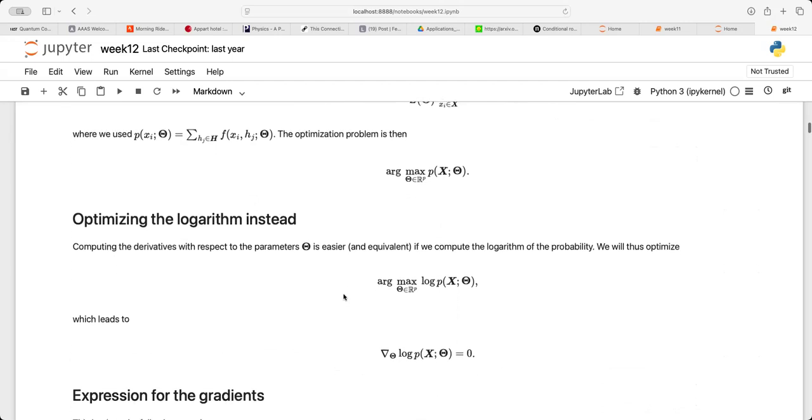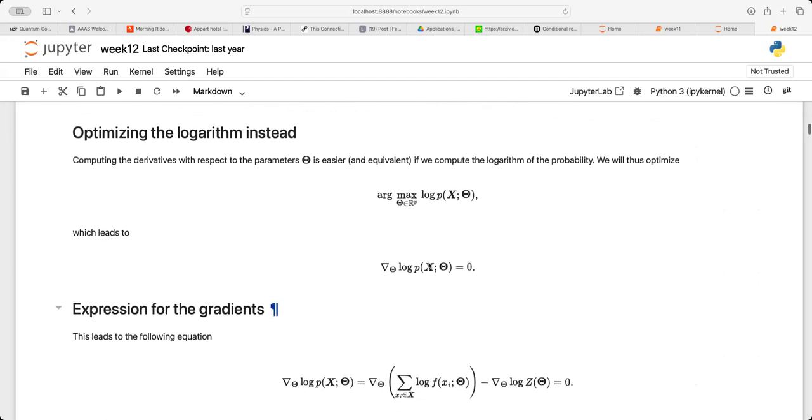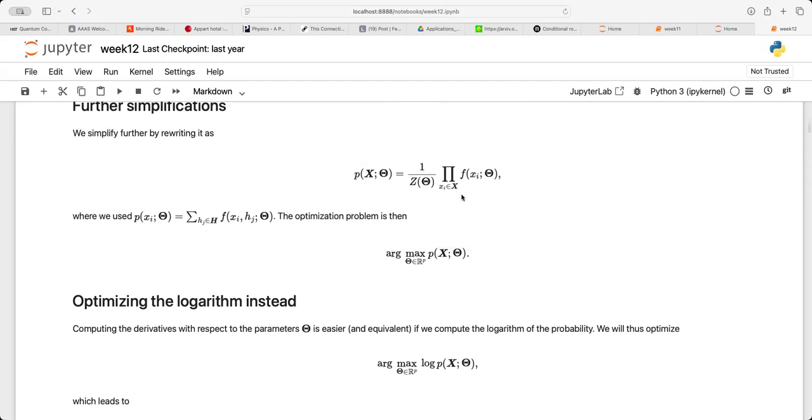And when you then maximize this, you would maximize the log, because that's easier than maximizing the product of the individual probabilities, where we have assumed that all the stochastic events are independent and identically distributed.